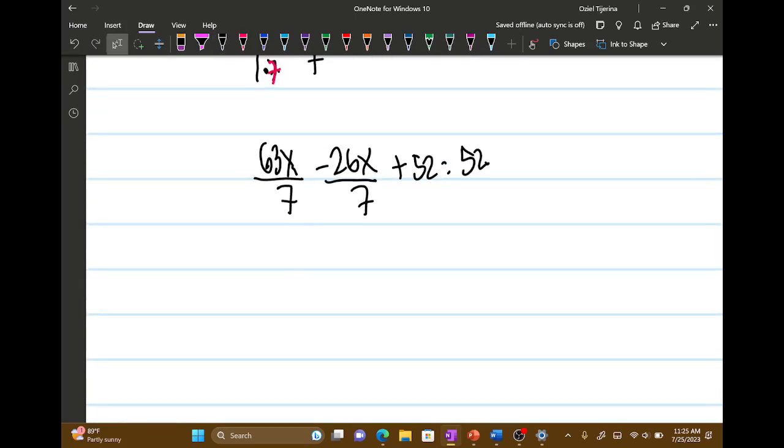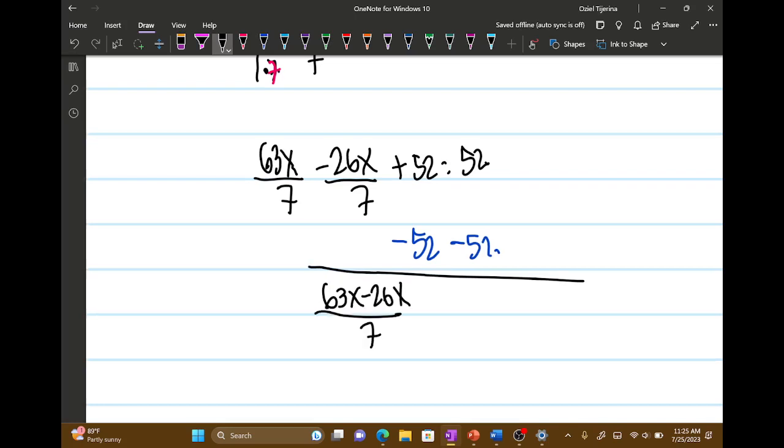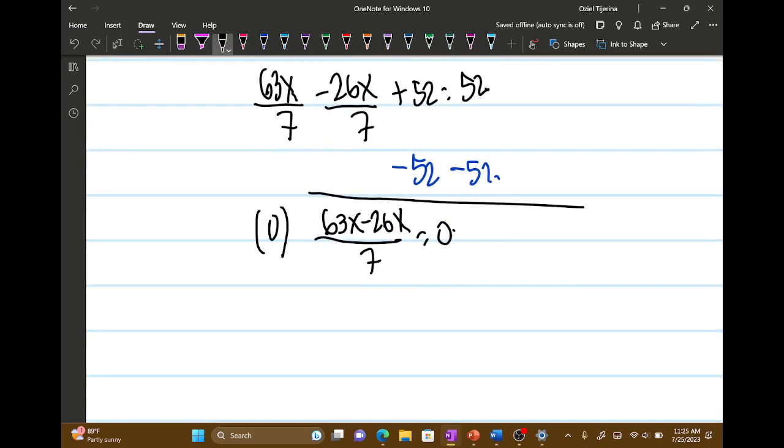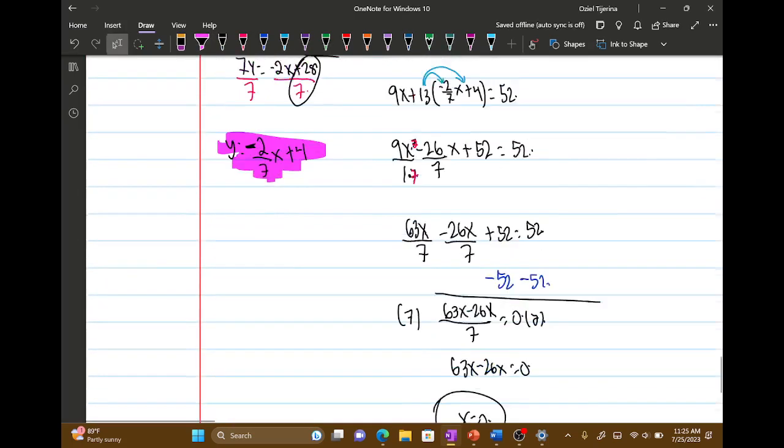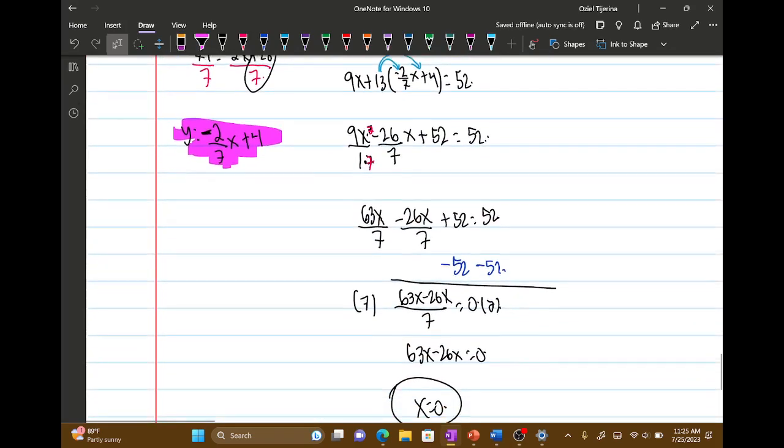Because the 52 cancels, this is going to be equal to 0. So 63x minus 26x over 7 equals 0, and if we multiply by 7 on both sides, we still get 0. So it doesn't matter; you can subtract them out, but you're going to get x equals 0.